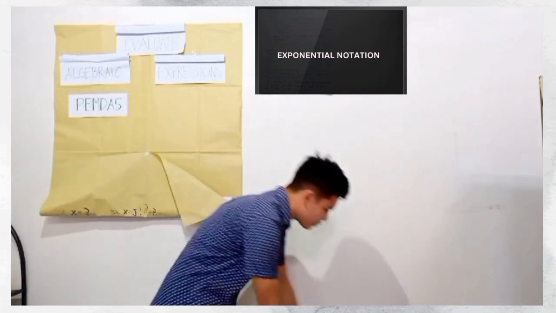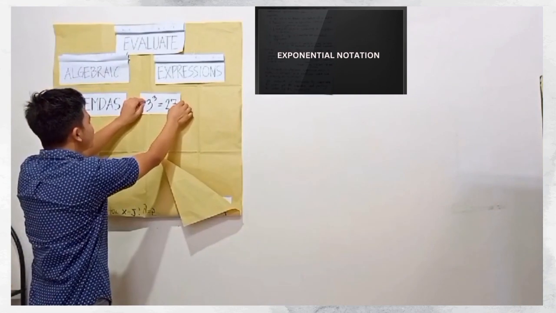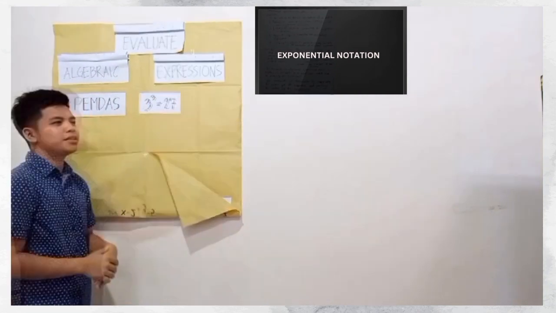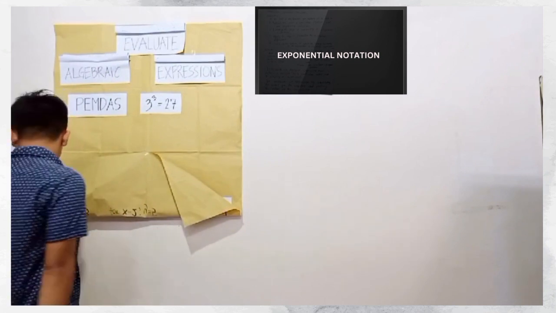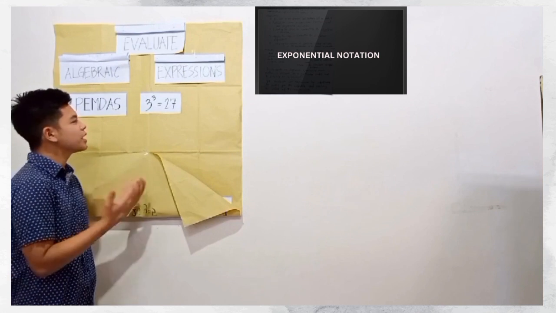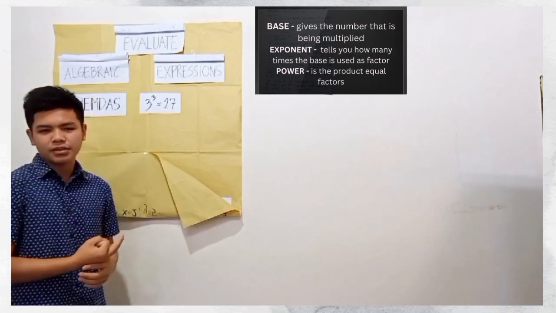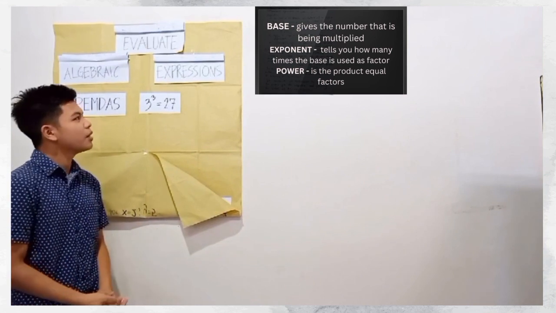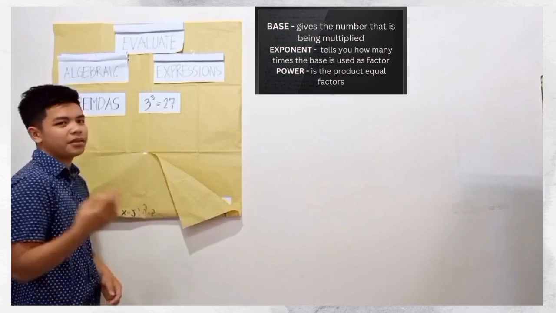So next, we will also recall your learnings about this. This is what we call exponential notation. When we say exponential notation, it has three parts. First, we have the base, second the exponent, and the power.